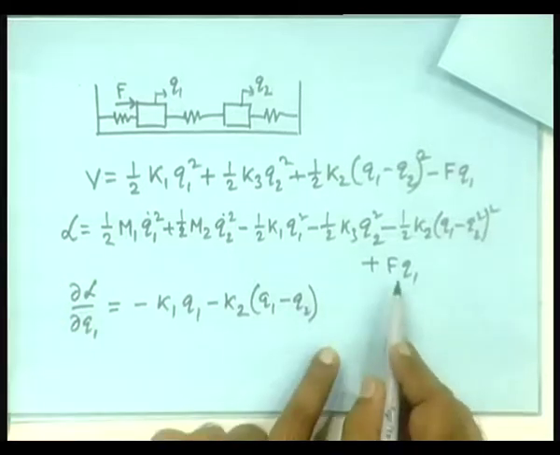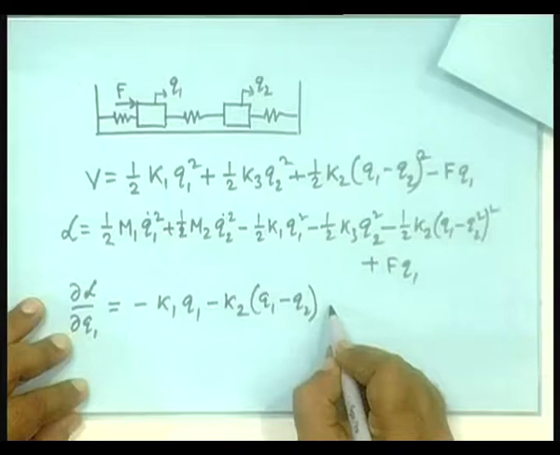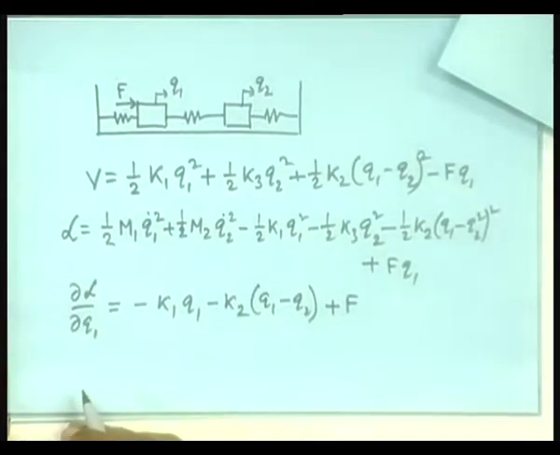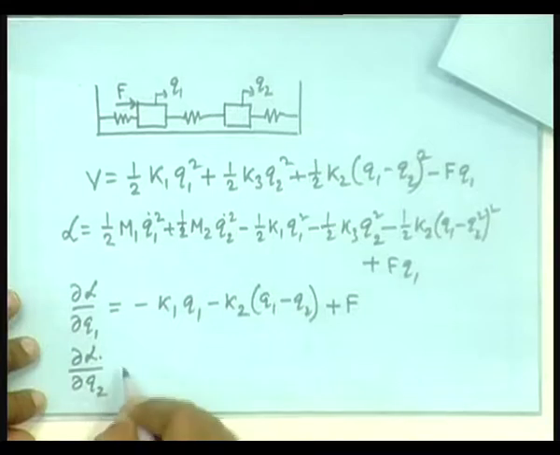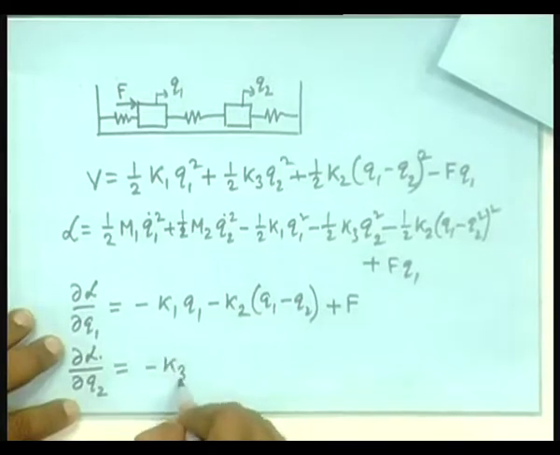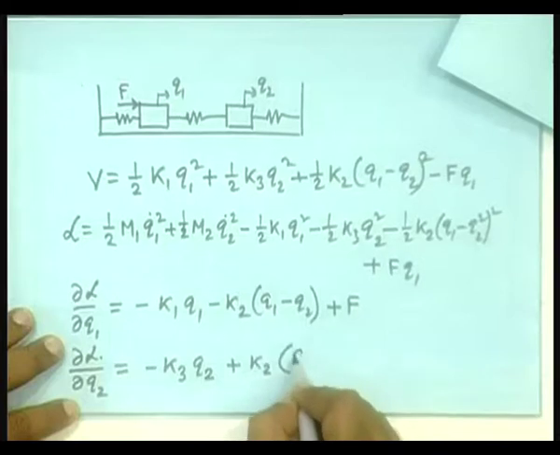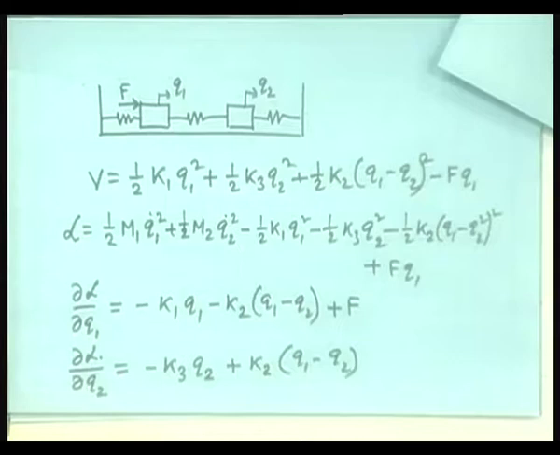Now this will be added to that, so it would be plus F. But that will not happen if you differentiate with respect to q2. So that remains the same: minus k3 q2 plus k2 (q1 minus q2).